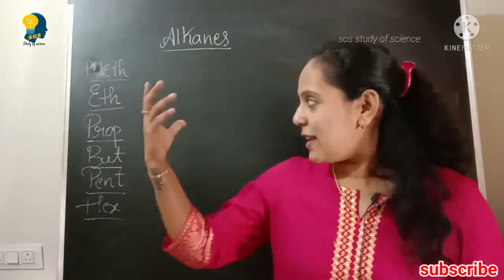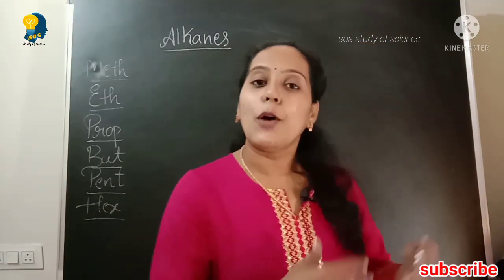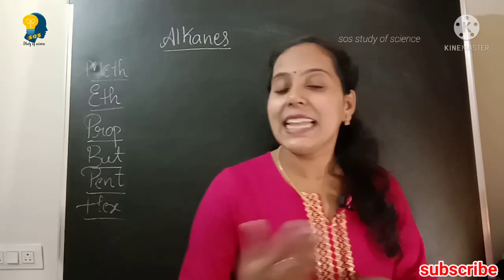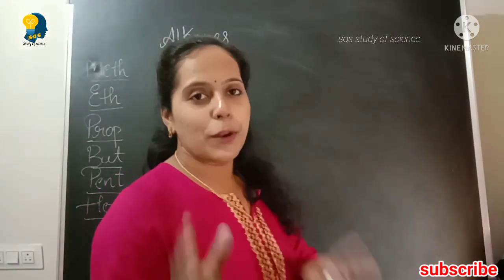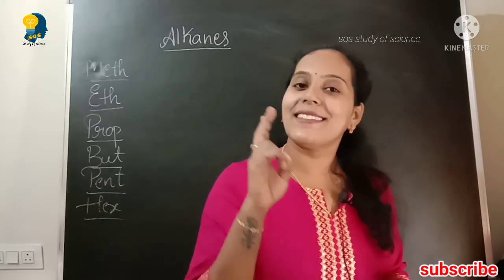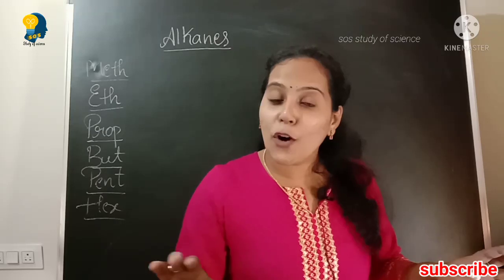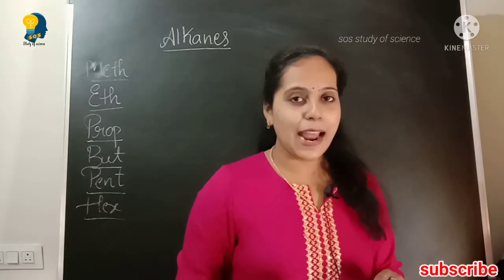Among these word roots only, you will get any kind of formulas, molecular formulas or structural formulas, anything they may ask you. Very simple, guys. You have to remember, whenever it is meth, it should be only one carbon. Whenever it is eth, the structural formula or the molecular formula should include only 2 carbon atoms.